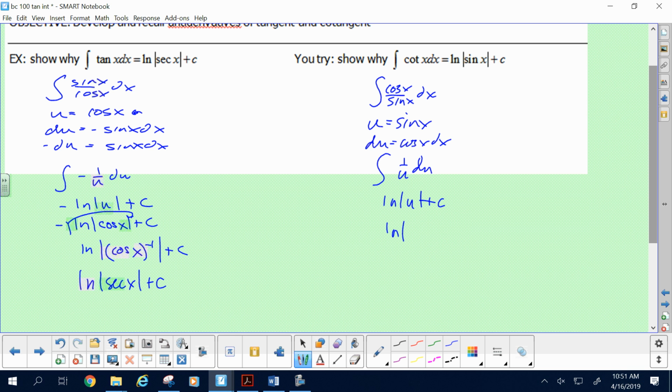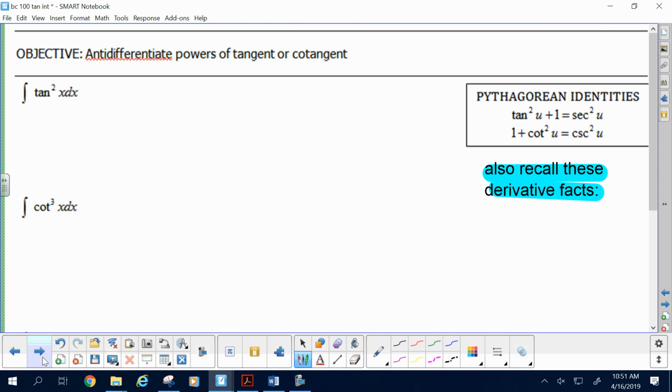Okay, this one's actually even easier because there's no negative, yeah? So, in the interest of time, I'd like you to have it memorized and know where it comes from. Is that doable? Are we good? Okay, let's go on then.